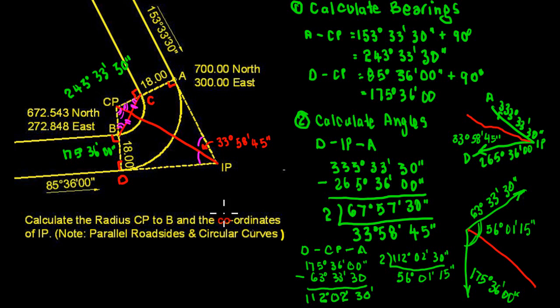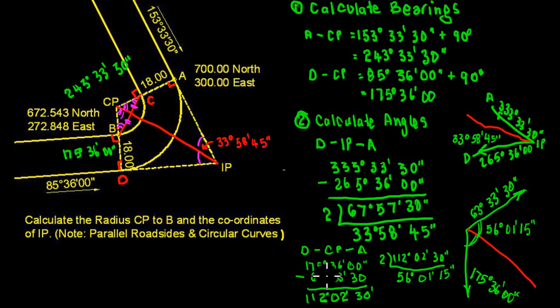The next angle to calculate is the angle at CP, that is DCPA. Again, get the bearings going away from the middle of the angle. Sometimes that means adding or subtracting 180 degrees. 63, 33, 30 going that way. 175, 36 down this way.